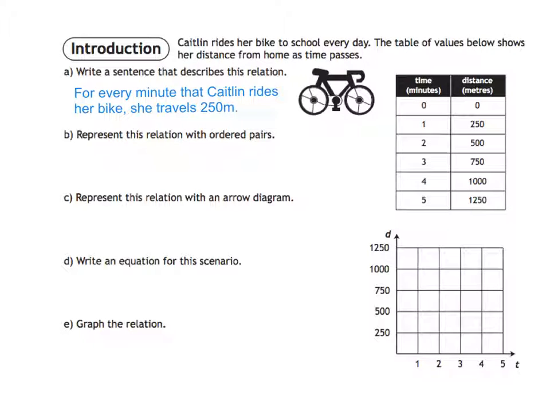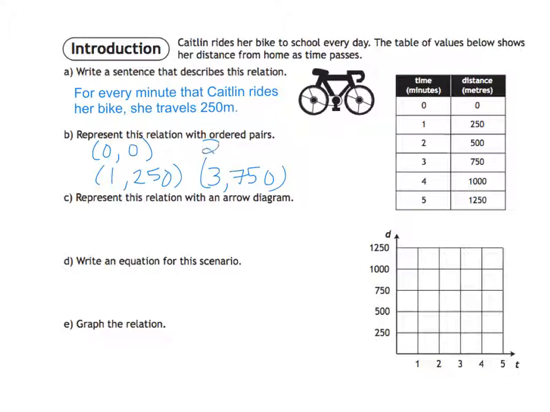Then it says represent this relation with ordered pairs. This is an exact thing. The ordered pairs would be time, then distance, right? So looking at the actual values, one ordered pair would be 0, 0. Another one would be 1 and 250. What would another one be? 3 and 750.